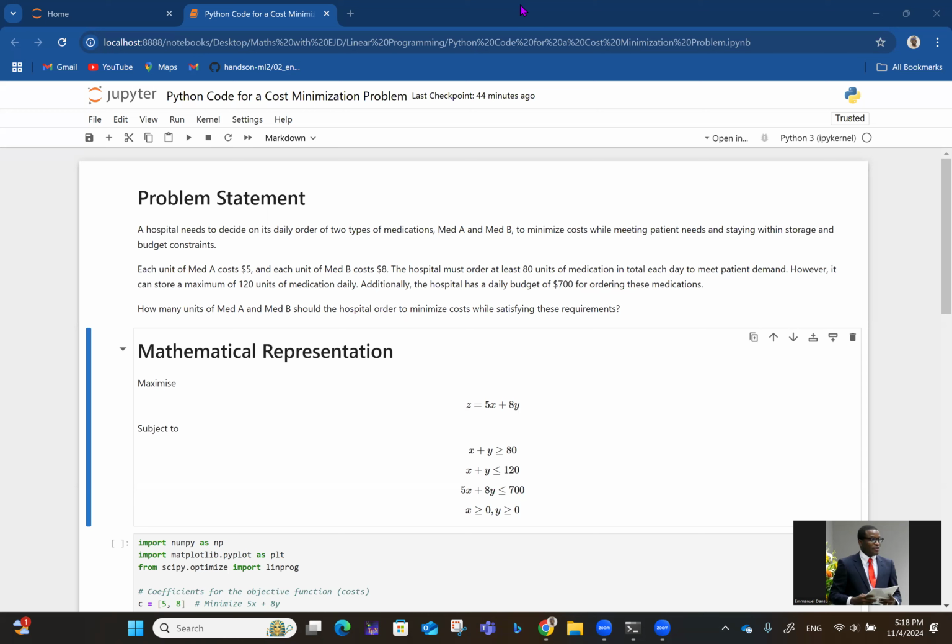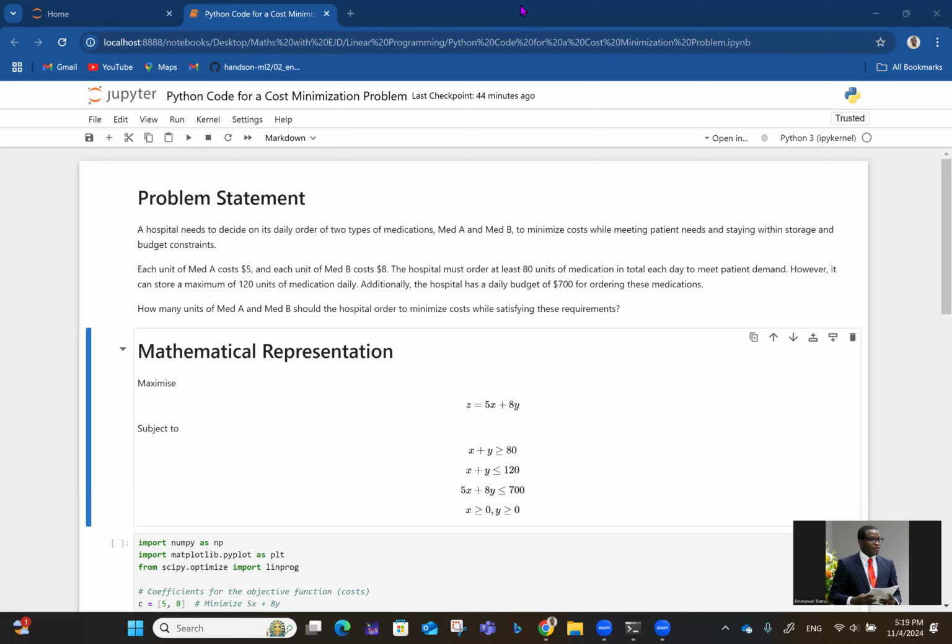So again, the question is that a hospital needs to decide on its daily order of two types of medications, Med A and Med B, to minimize costs while meeting patient needs and staying within storage and budget constraints. Each unit of Med A costs $5 and each unit of Med B costs $8. The hospital must order at least 80 units of medication in total each day to meet patient demand.